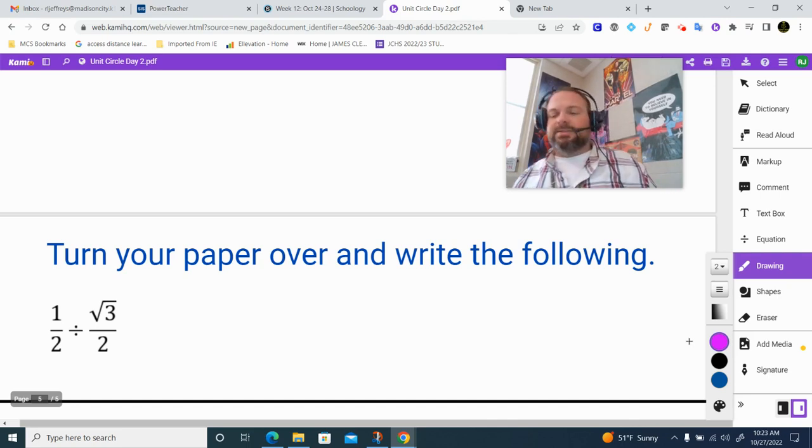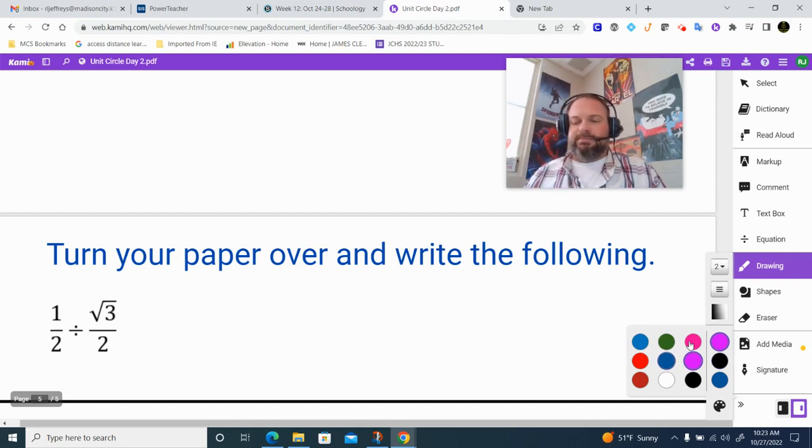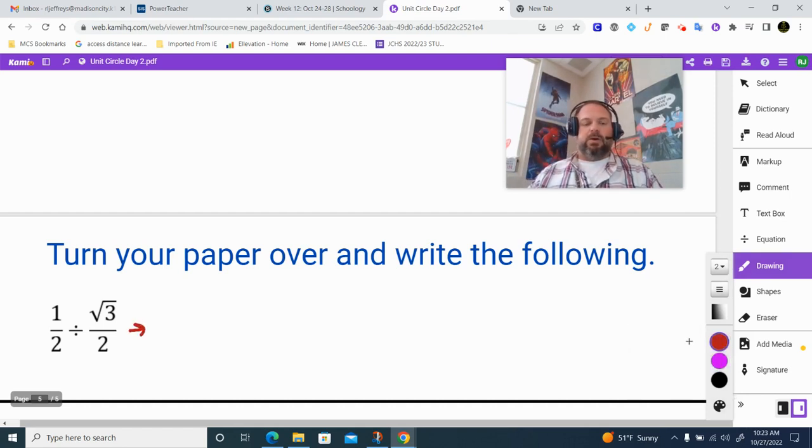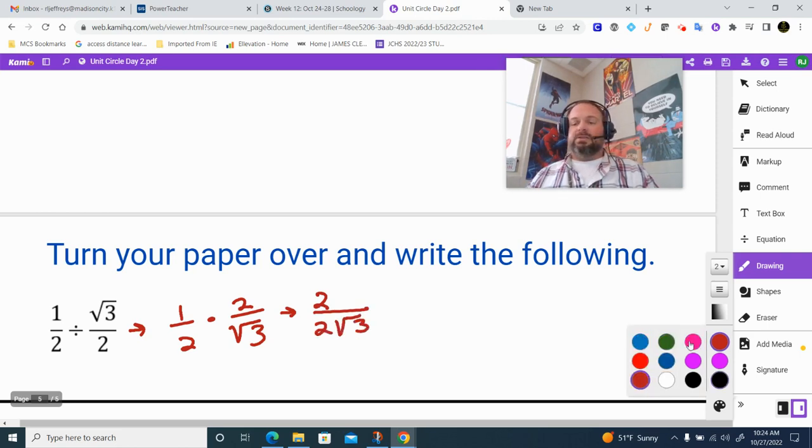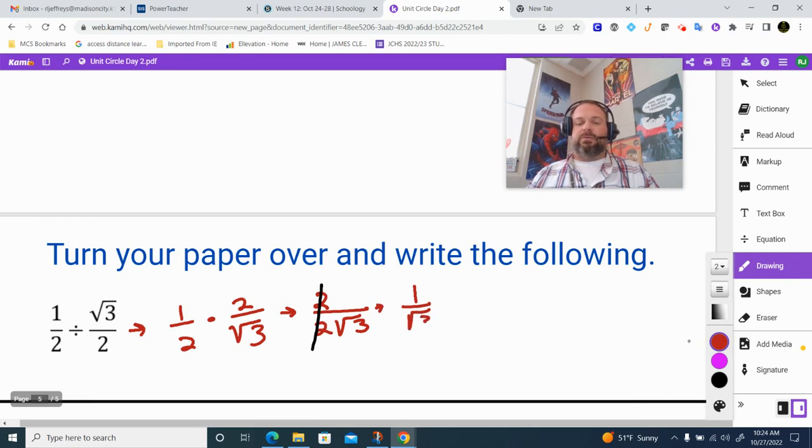All right. So if we were doing this one, which we are, we're going to have 1/2. Now, remember, when it's divide fractions, we keep, change, flip. So the twos cancel, and we get 1 over root 3.